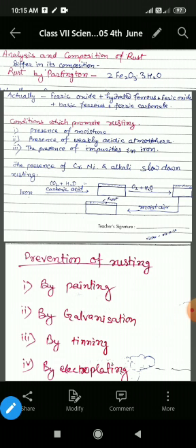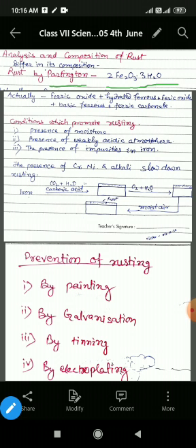So students, there are different compositions of rust, and the composition given by Partington is Fe2O3.3H2O, which means it includes 3 water molecules.